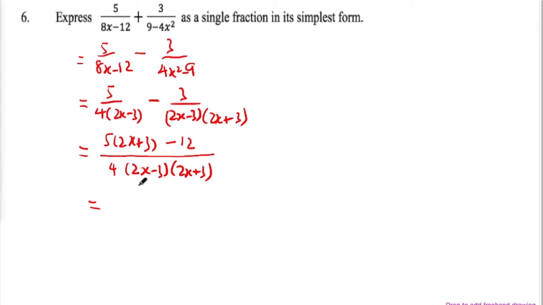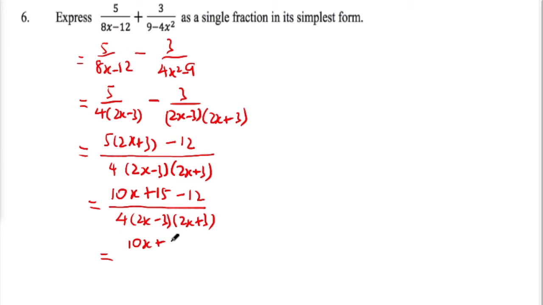We need to simplify the numerator. Multiplying in using the distributive law will give us 10x plus 15. 5 times 3 is 15 minus 12. Do not open up the denominator. 15 minus 12 is 3. So we have 10x plus 3 over 4 bracket 2x minus 3, 2x plus 3.